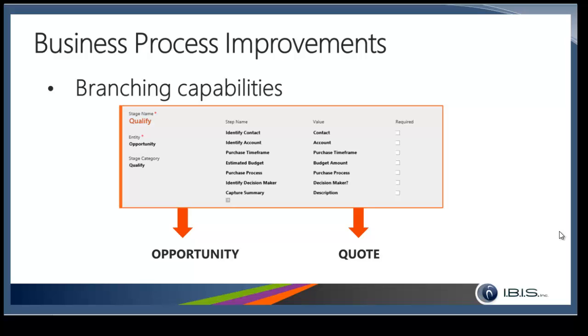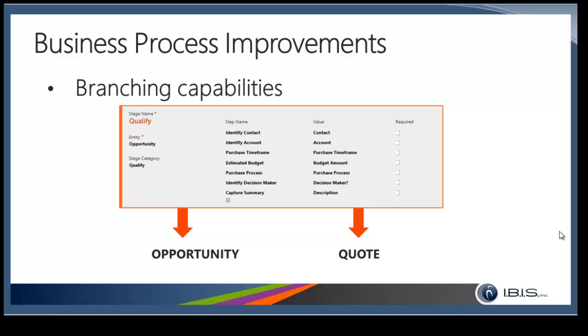Okay, another interesting feature is the business process improvements. Previously, you did have an option to select a specific business process. Whenever you created a business process, you were sort of tied to one business process all across.